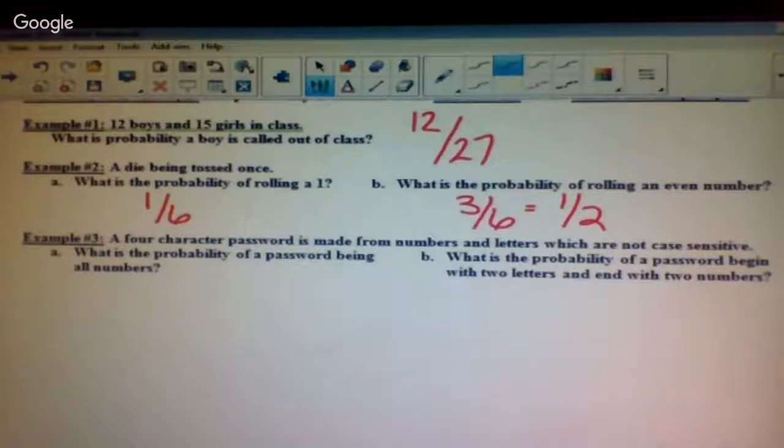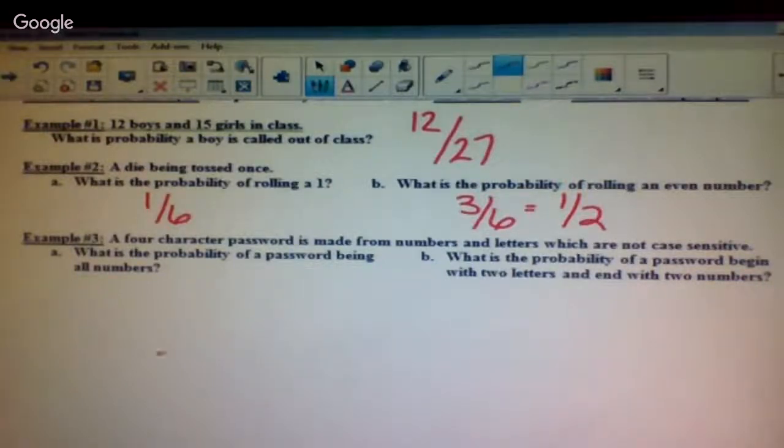A 4-character password is being made from numbers and letters, which are not case sensitive. How many options do I have to fill in each slot of my 4-character password? 36. I've got 26 letters and 10 numbers.